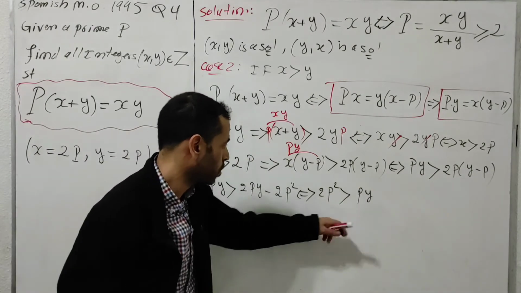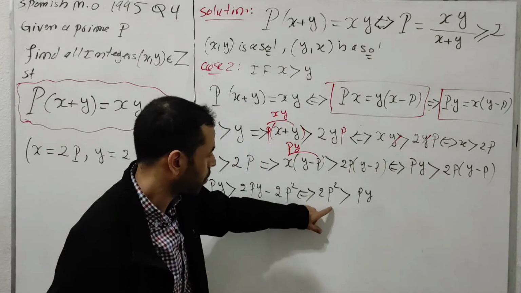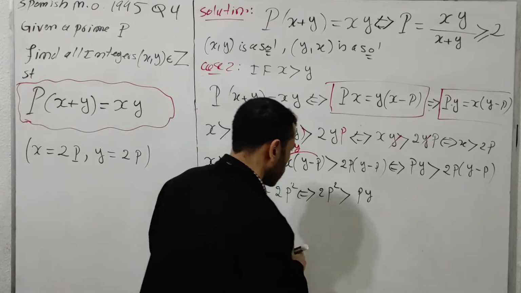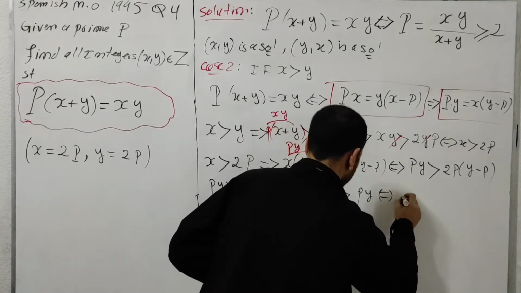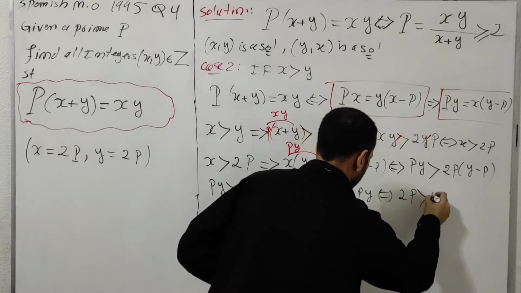Now I'm going to simplify p from both sides. I will get 2p strictly superior than y.